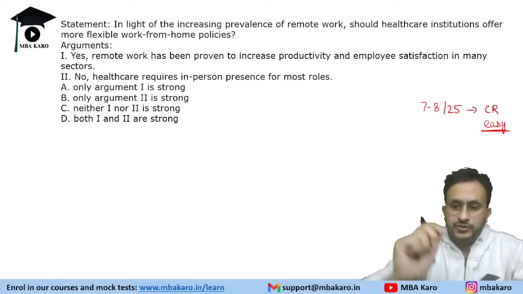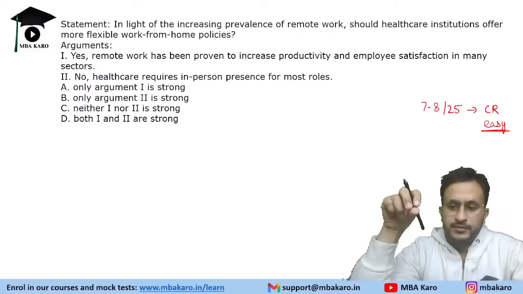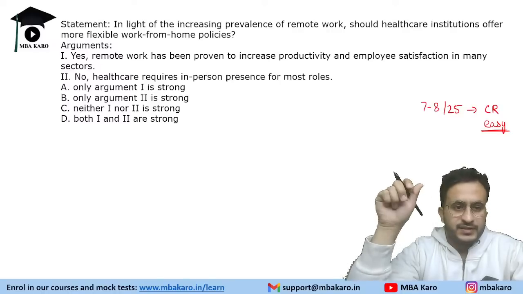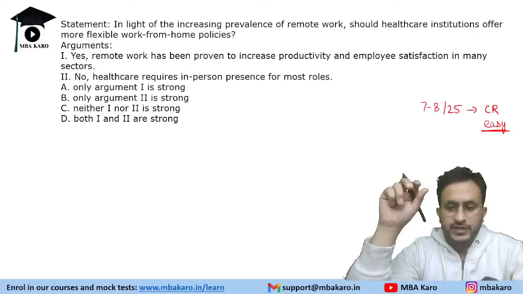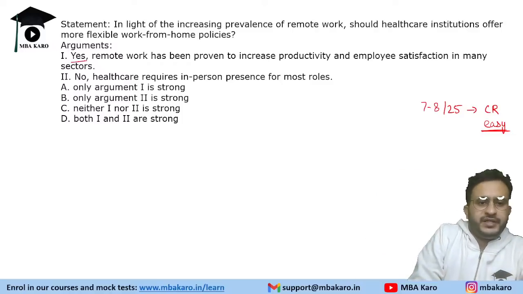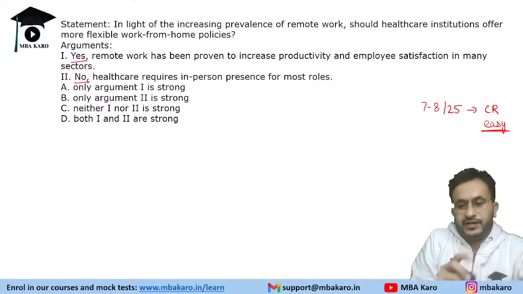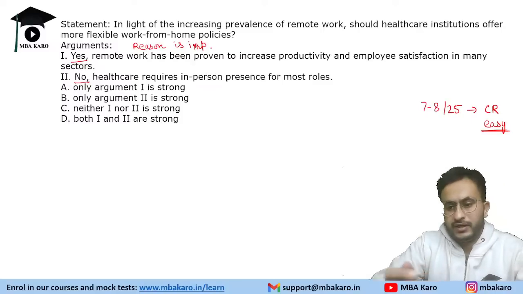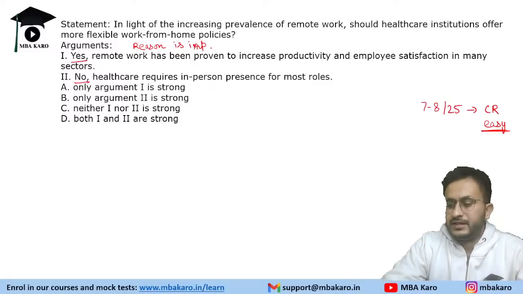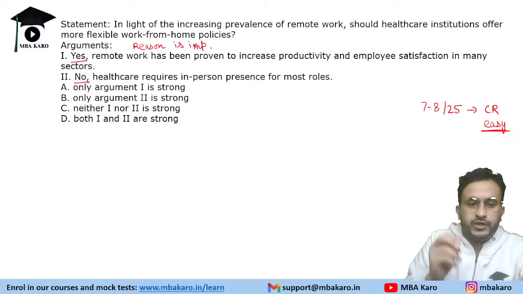The first thing you should see is, do not just focus on yes or no. It could be yes, it could be no also, but that is not relevant. What is relevant is the reason. Sometimes a statement can have yes as the answer, and no also as the answer. So you need to focus on the reason.